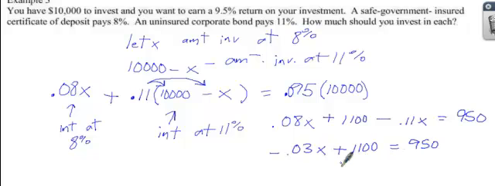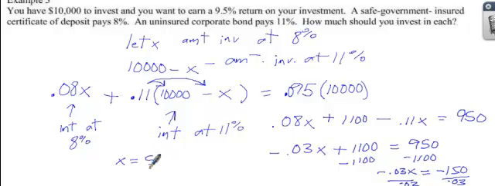Now I'm going to move this 1,100 over to the other side. So I get negative 0.03x equals, well, 950 minus 1,100 is negative 150. So I have a negative there and a negative there. That is actually a good thing. Divide by negative 0.03. And when I do that, 150 divided by 0.03, I get 5,000.